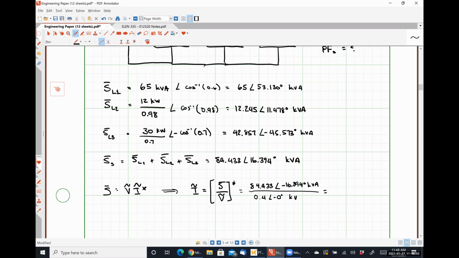All right, divided by 0.4 gives me 211.082 angle negative 16.394 amps. So 211 amps. That's quite a lot.